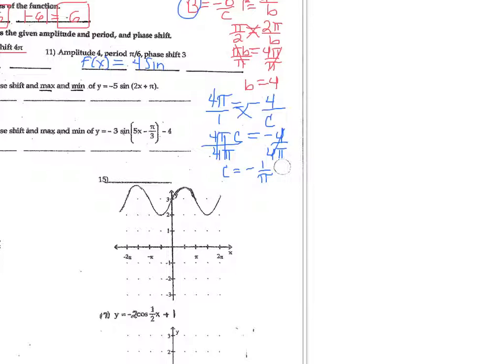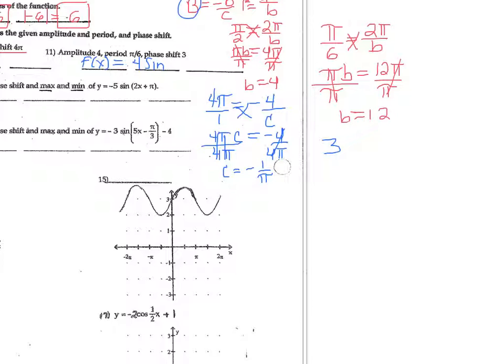Since the period is pi over 6, and the formula is 2 pi over b, when you cross multiply, that's pi b equals 12 pi, then divided by pi, b is equal to 12. Then you substitute that into the phase shift formula, and since the phase shift is 3, it equals negative 12 over c.